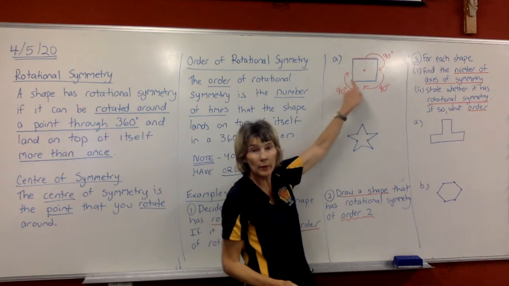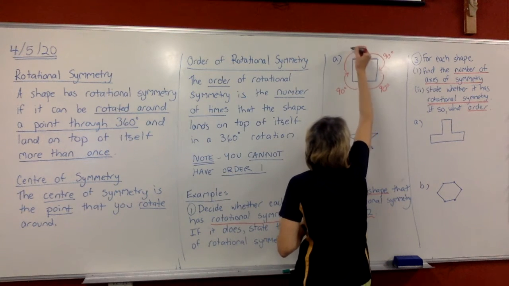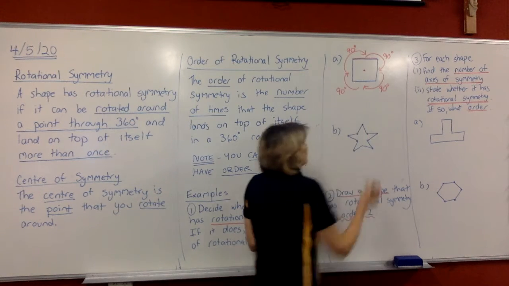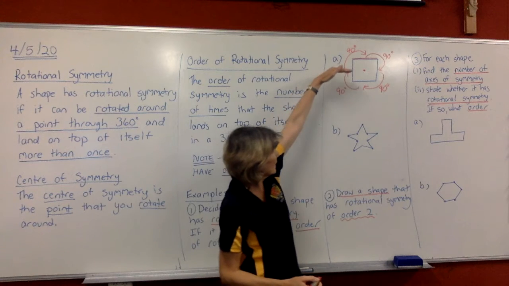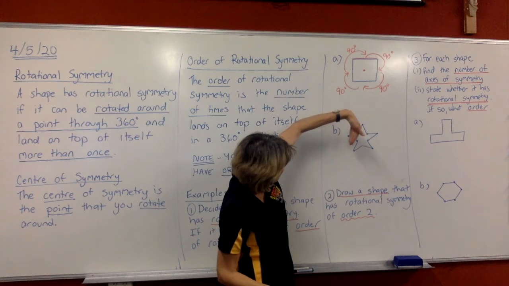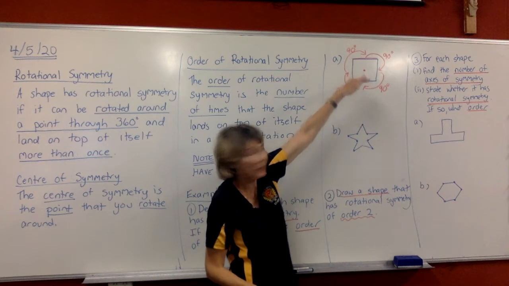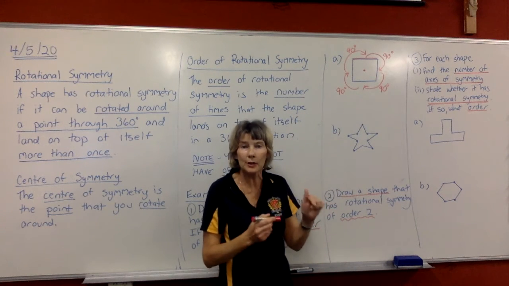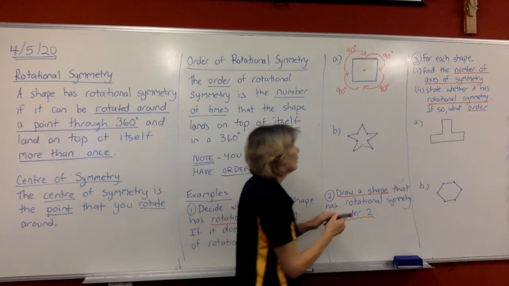And if you spin it another 90 degrees, that side is now around to here. And if you spin it another 90 degrees, it will get back to where it started from. So the square has gone from starting here, to there, to there, to here, and back again. How many times did the square land on top of itself?